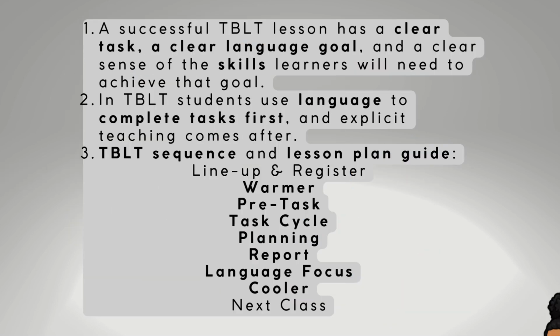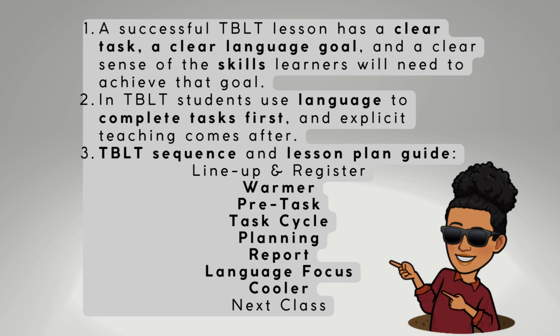So remember that 1, a successful TBLT lesson isn't just about following these stages. It begins before the plan itself with a clear task, a clear language goal, and a clear sense of the skills learners will need to achieve that goal. 2, TBLT flips PPP on its head.